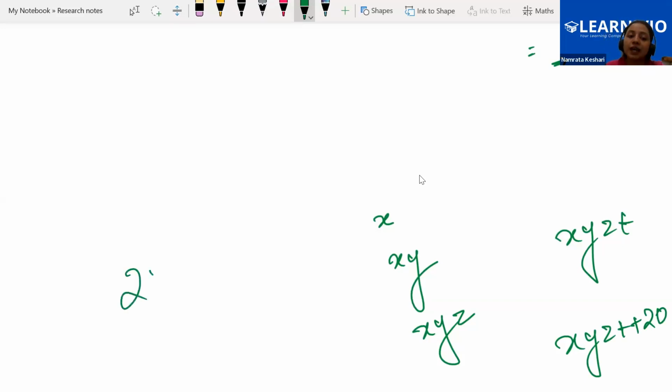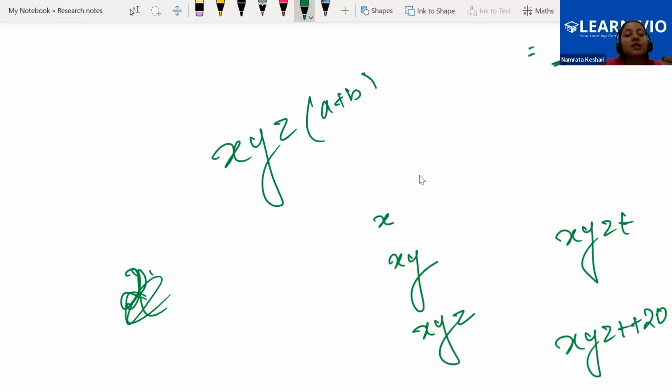If we have x, y, z and then multiplied with a plus b, again it's a monomial because a plus b is sitting in a bracket, and we are going to treat it as a combined form, a single unit. So x, y, z, a plus b, all are combined with each other, multiplied with each other.